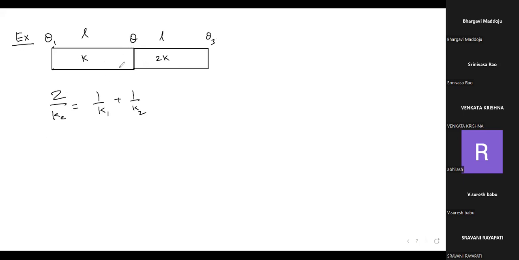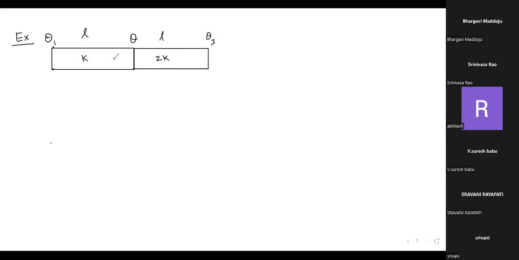How to calculate the value of theta? The effective thermal conductivity you can calculate using the formula, that is simple. But how to calculate the temperature at the junction? Here the temperature is theta1, the other end temperature is theta3, at the junction the temperature is theta. The thermal conductivity of the first rod is K, and the second rod is 2K.